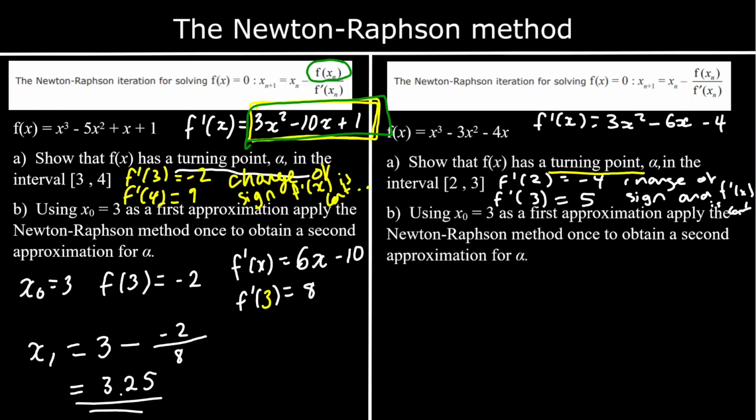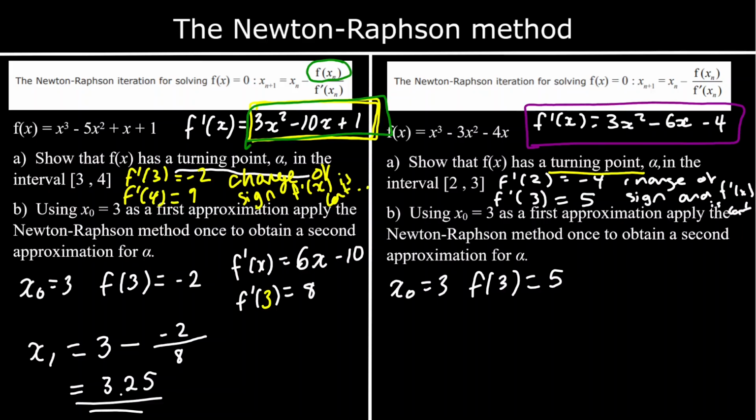The first one is 3. So x0 is 3. F of 3. So again, we're working with our gradient function. So f of 3 this time is going to be our 5. We're treating it as if this is our original function.